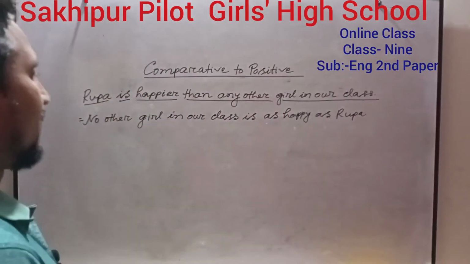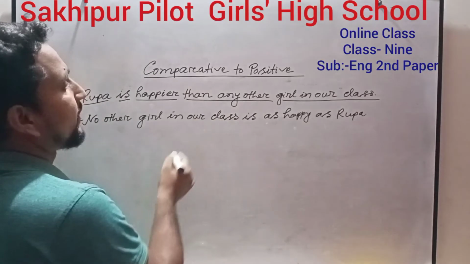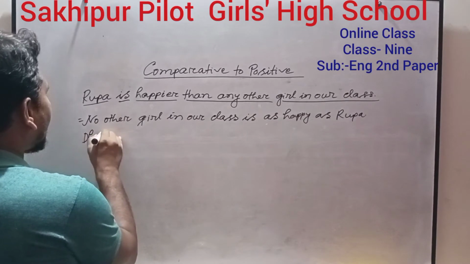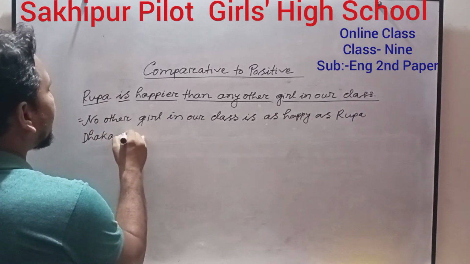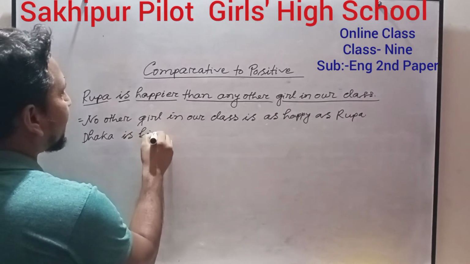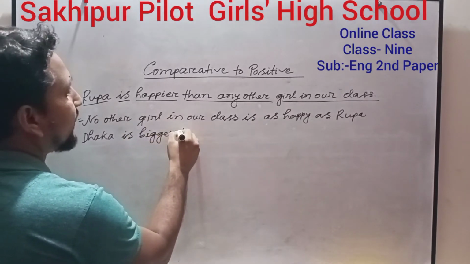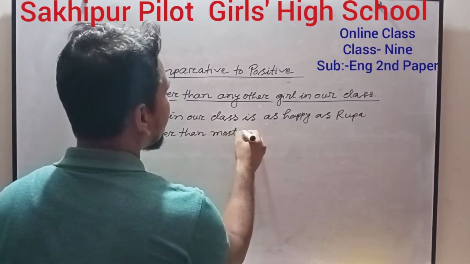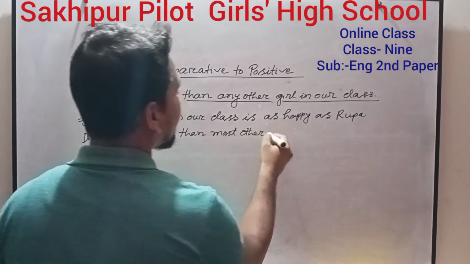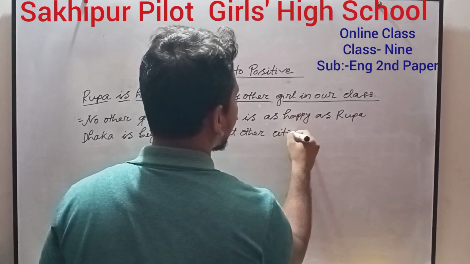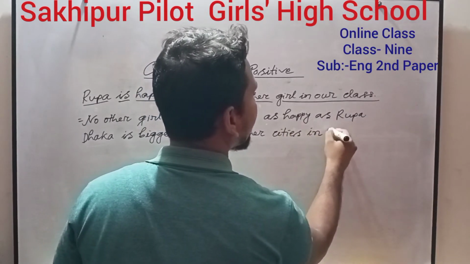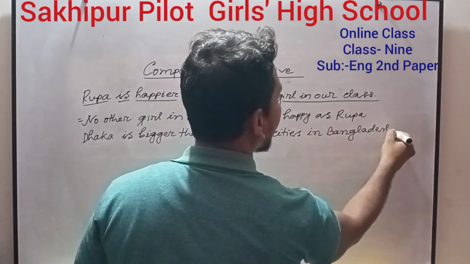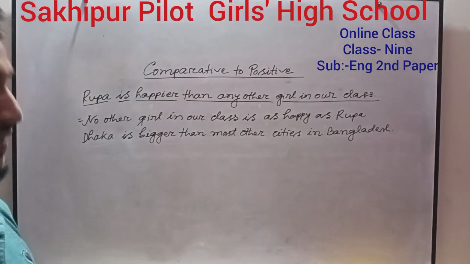Okay. Come to another rule. If the comparative degree belongs to "than most other", Dhaka is bigger than most other cities in Bangladesh.